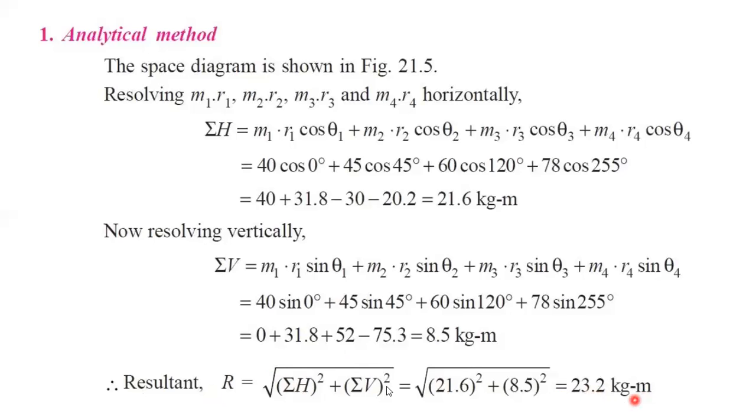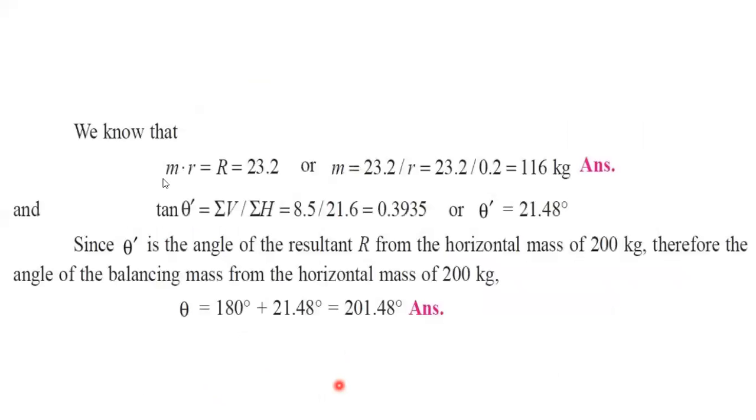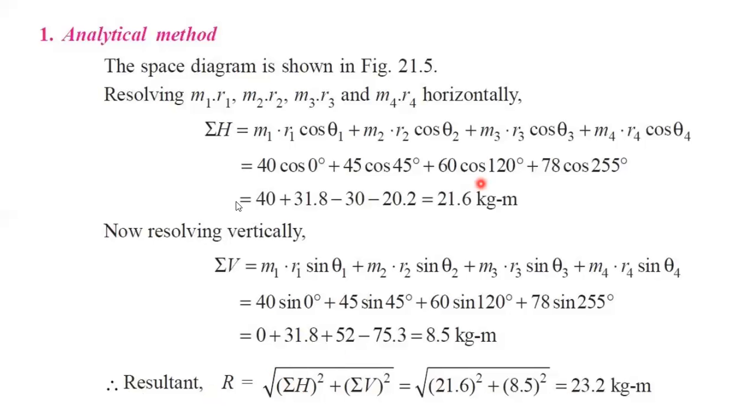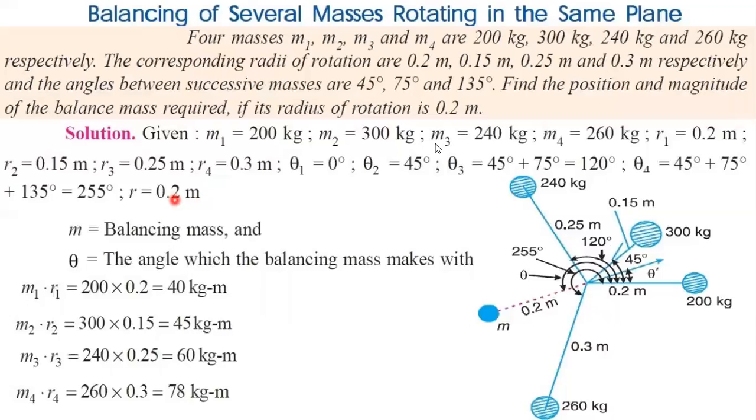So this is the resultant value. Now we know that MR is equal to the resultant. We need to determine M; the radius we know. The question asks us to find the position and magnitude of the balancing mass, that is, the magnitude in kg and the angle at which it's revolving.